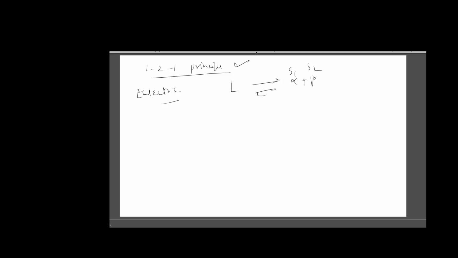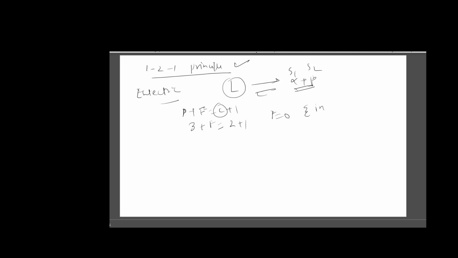So now we have learned P plus F is equal to C plus 1, because it is generally plotted at constant pressure. Now the number of phases is 3, because 2 solid phases and 1 liquid phase, so 3 plus F equals components, which is 2, plus 1, so F is equal to 0.